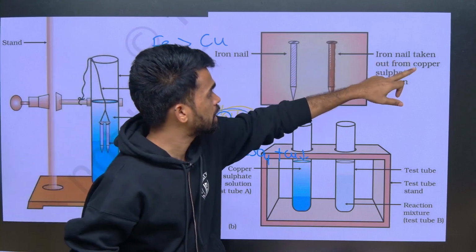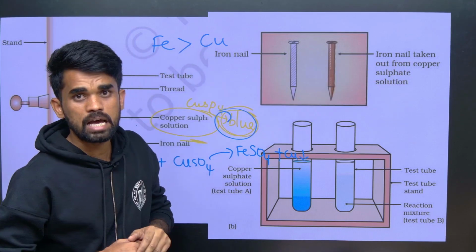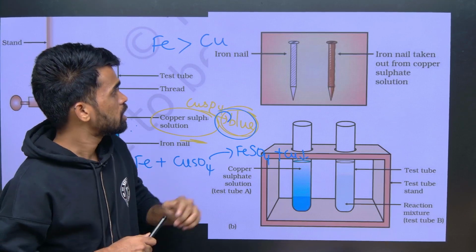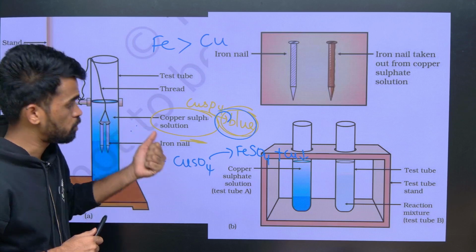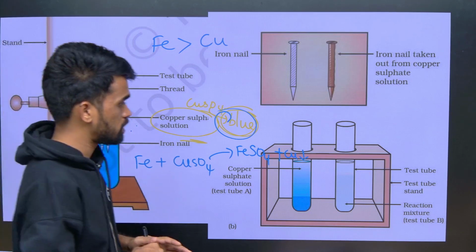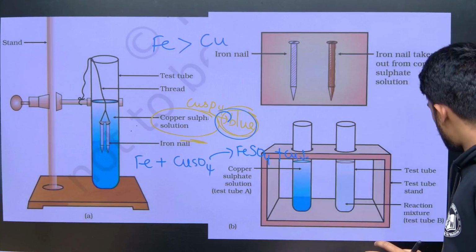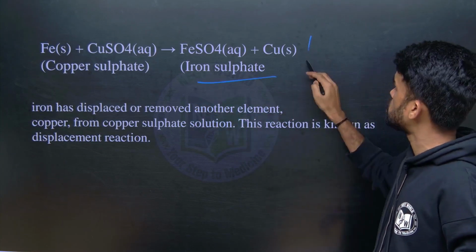The iron nail taken out of the copper sulfate solution appears like this because iron is reacting with the solution. Copper is deposited out and iron is converting into iron sulfate solution. So iron sulfate is formed and copper is deposited.